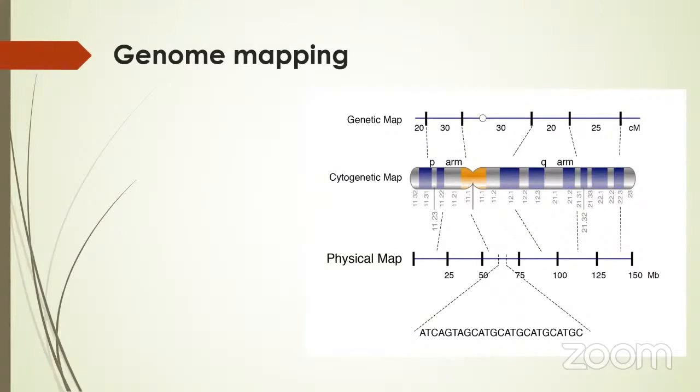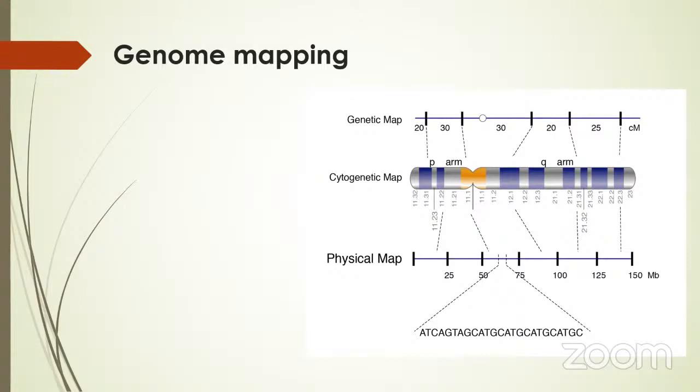But here I am telling you the basics of genome mapping, why we need mapping. So genome mapping is basically different from gene mapping. Okay, gene mapping means you have allocation of a particular locus. You have to allocate a particular locus to a relative position in the chromosome.